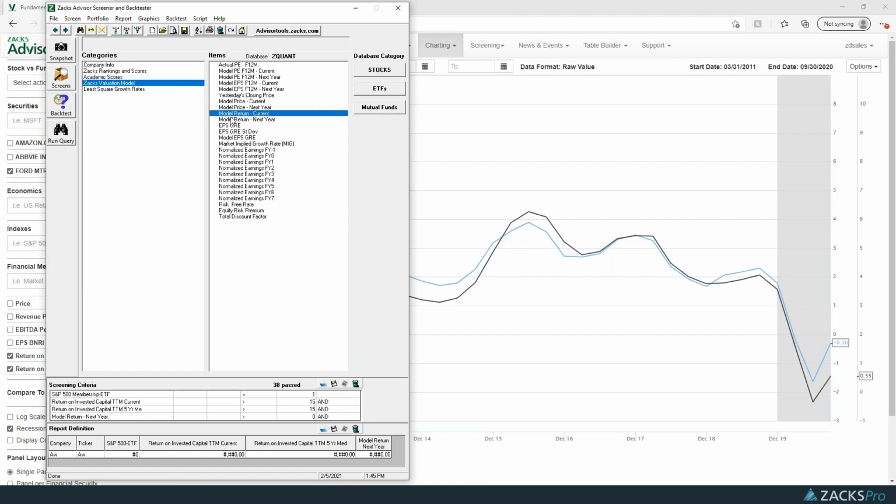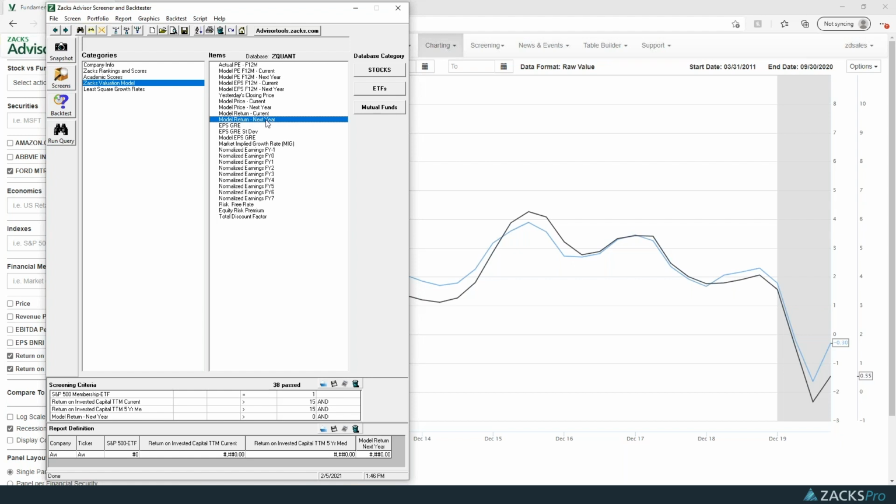So this is basically the calculation of intrinsic value relative to the current market price. Okay, so if there's a big difference between present value of future cash flows and the current price, then that's what's going to be captured by this model return current. And then model return next year, so that's a 1-year target return.